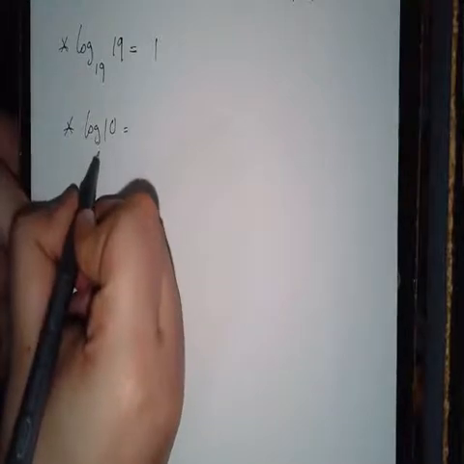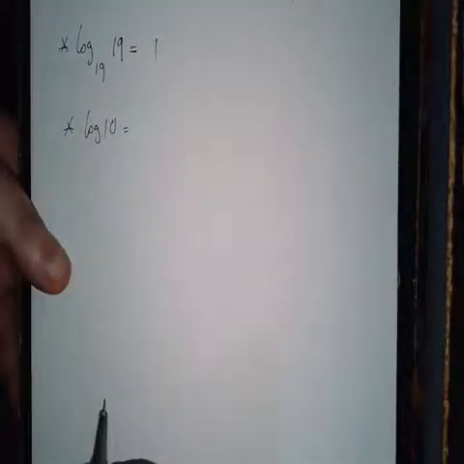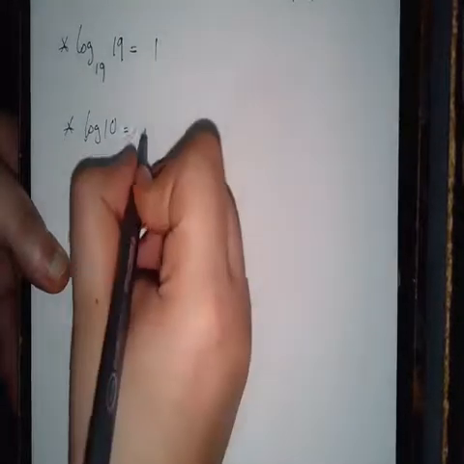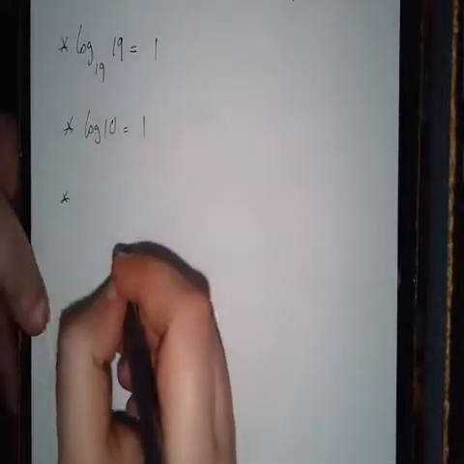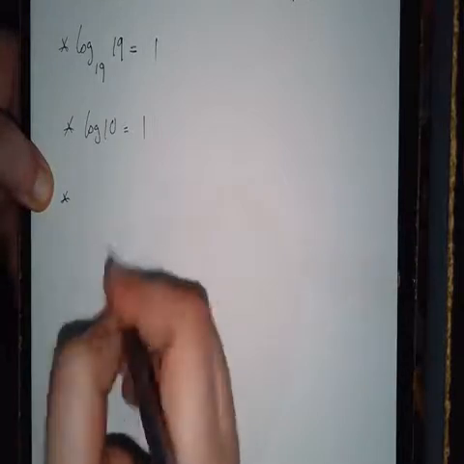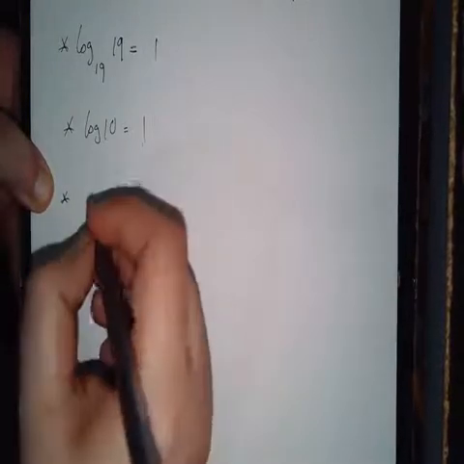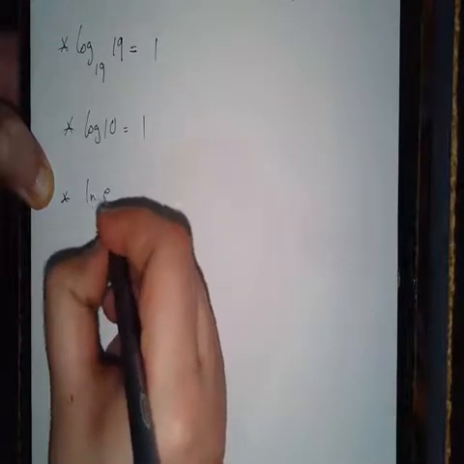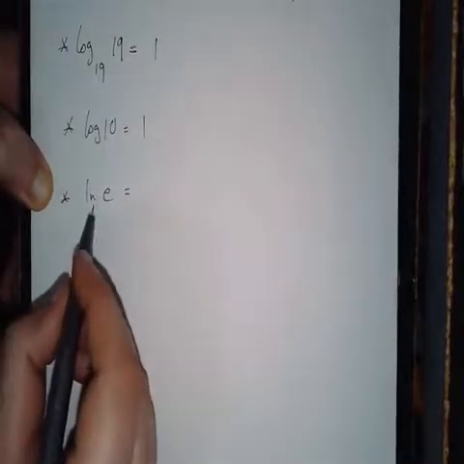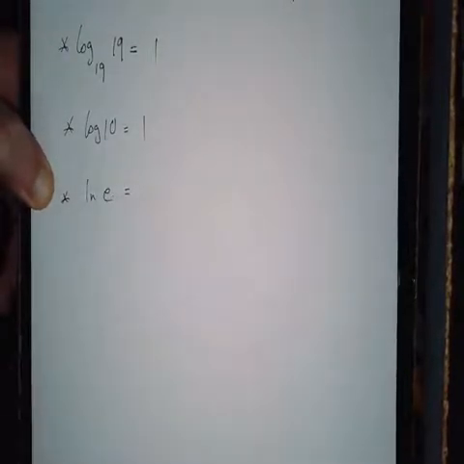The base over here is 10, so that means that the inside and the base both match, and the answer is also 1. Okay. We're using the properties for these examples for all of them, so you don't need to do a lot of thinking here. How about natural log of e? The base of this log matches the inside, so the answer is also 1.